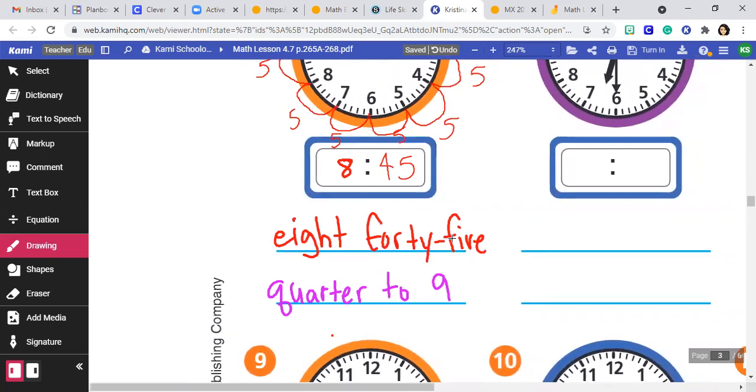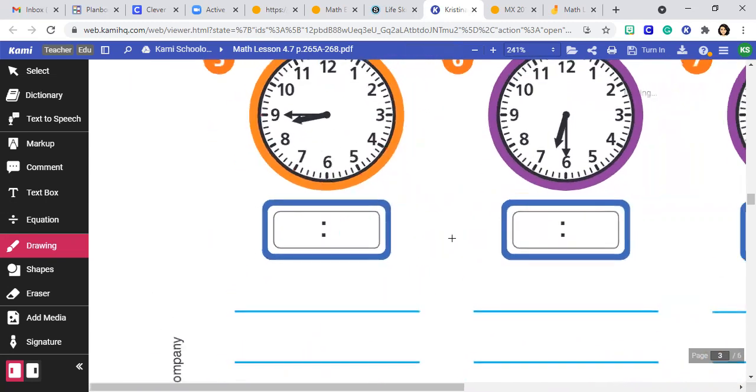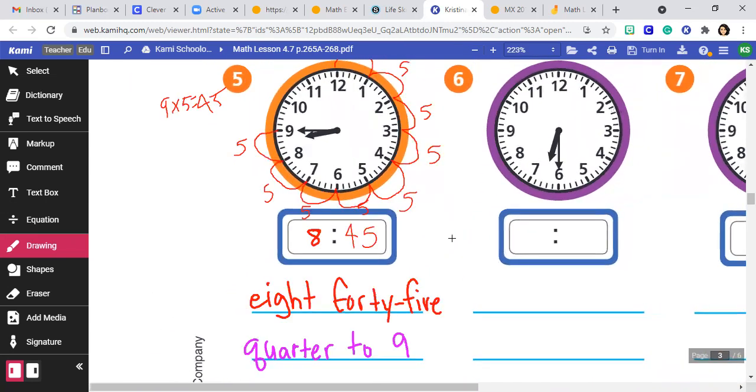a quarter to 9. Now think about how much a quarter is worth. If you're thinking 25 cents, you're right. Well, we were talking about fractions a little bit before we started this unit.